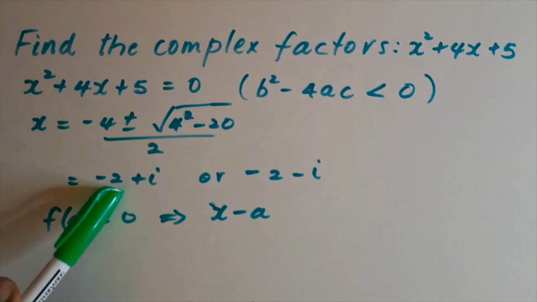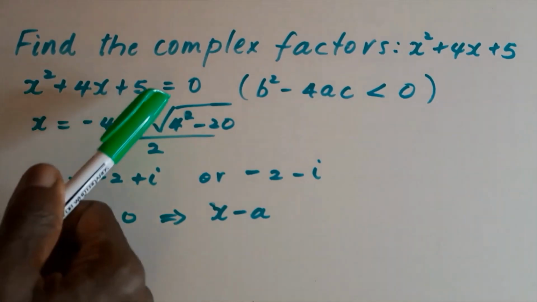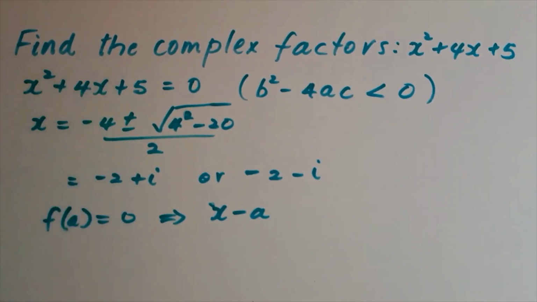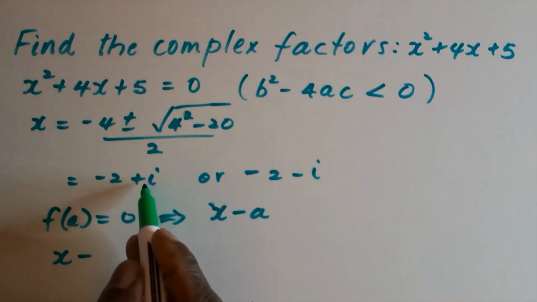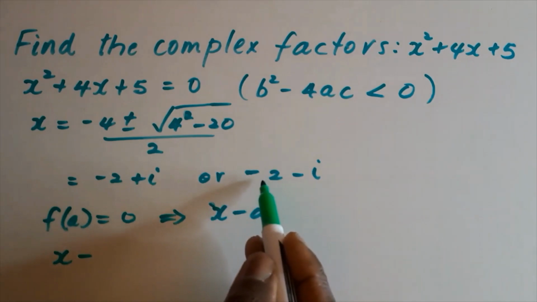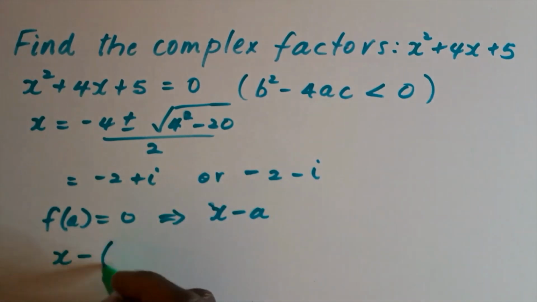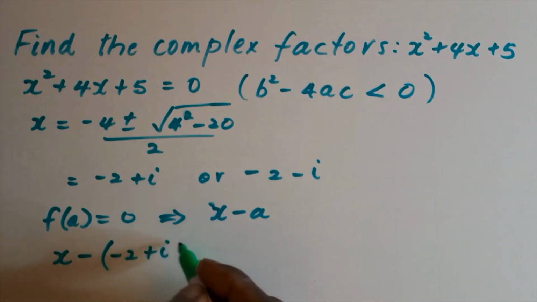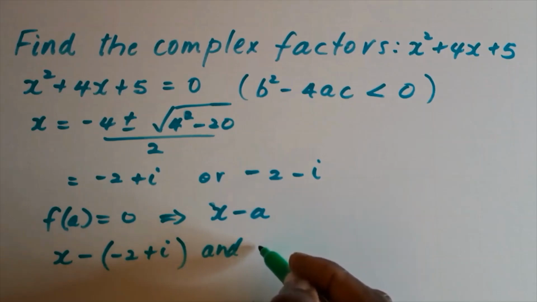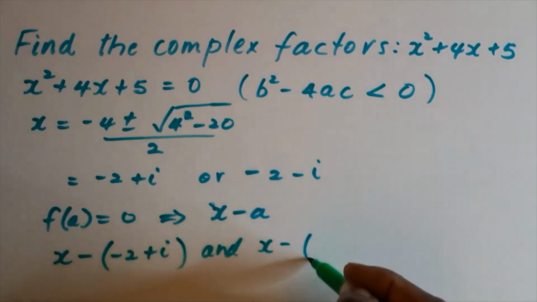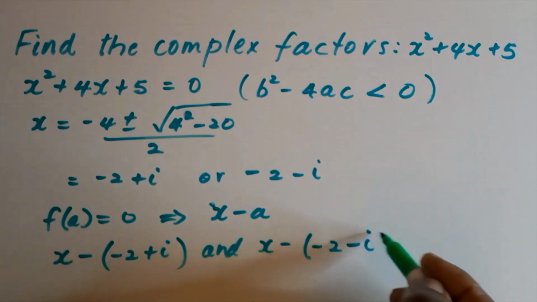So if we substitute any one of these values of x, we equate this left-hand side to 0. So our factor is x minus a. We have a as minus 2 add i, and also a as minus 2 minus i. That's minus 2 add i. And the other factor is x minus minus 2 minus i.